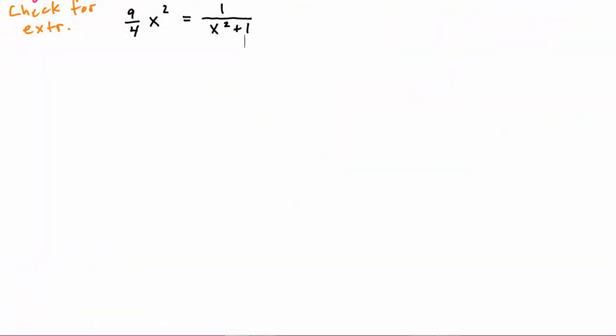To solve this, we can cross multiply, so this 4 will go up on the right-hand side, and this x squared plus 1 will go up to the left-hand side, so we have 9x squared times x squared plus 1.